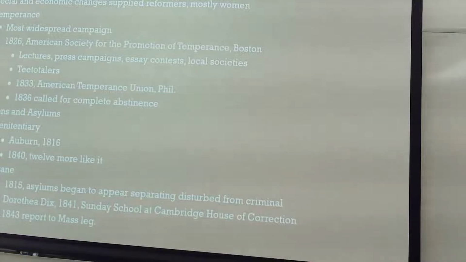She does a lot of investigation, makes some reports to the Massachusetts legislature, and goes a long way to getting these issues changed. And it kind of brings about more of the modern idea of an insane asylum, where they actually take care of the patients, at least meet their basic human needs.